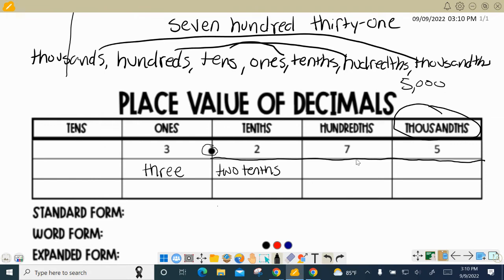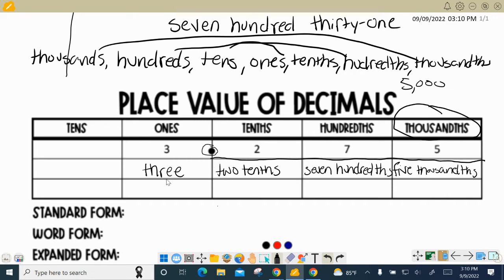Next, we've got the 7 in the hundredths place, and we would read that as 7/100ths, because the 7 is in the hundredths place. Last, we have 5/1000ths, because the 5 is in the thousandths place. So we read that as 3 and 275 thousandths.